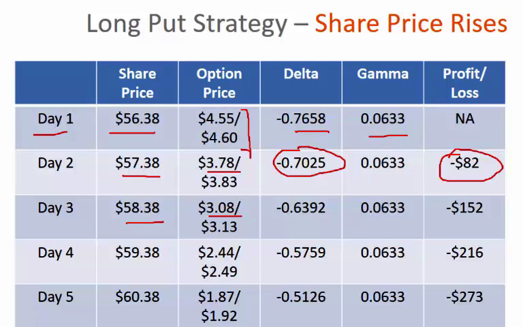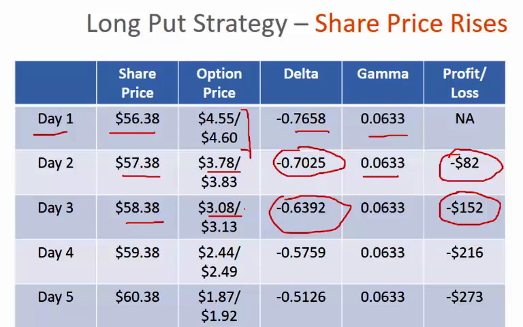Our put option is becoming less valuable. Our delta has also changed from the previous day's delta amount plus the gamma amount. And our overall loss position is 152 because now the position is only worth 308 and we bought it for 460. So you can see, and so on and so forth, we continue to do that.